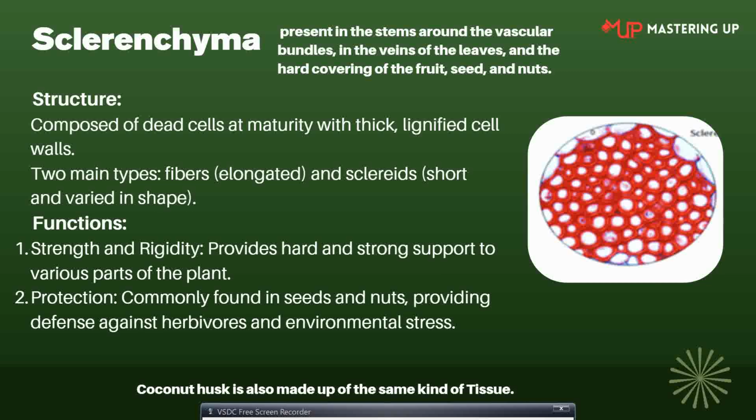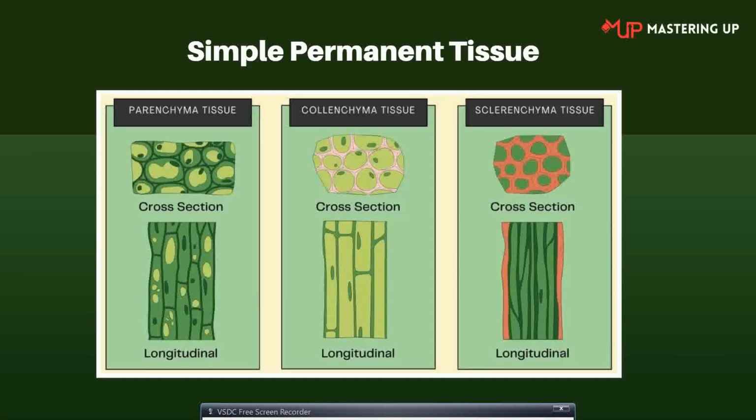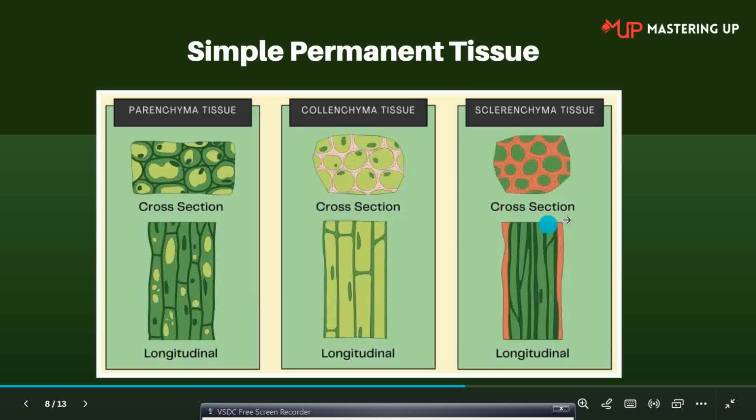The cell wall is very thickened and lignified. Two types of sclerenchyma are there, fibers and sclereids. The functions include strength, rigidity and protection. So this is the cross section and longitudinal structure of parenchyma, collenchyma and sclerenchyma. Here you can see uneven thickness of the cell wall, lignified cell wall, and intercellular spaces and large vacuoles here.